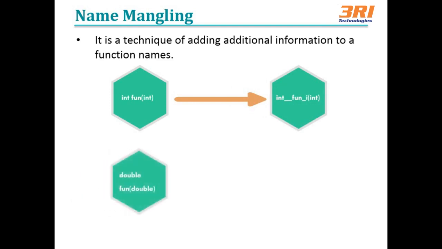Another example you can look at is function fun, which is overloaded and takes an argument that is double. So internally, this might change its name to something like _fun_d. The name mangling technique avoids naming conflicts when you overload functions in C++.